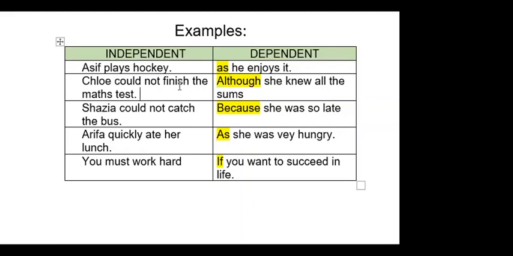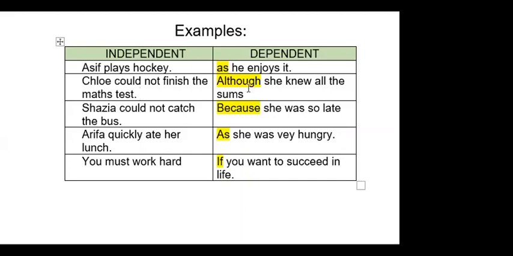Chloe could not finish the maths test. So here it's an independent clause because we have a subject who is doing the action, Chloe, right? And what is the verb here? Finish and could. But we look at the dependent sentence that goes next to it.